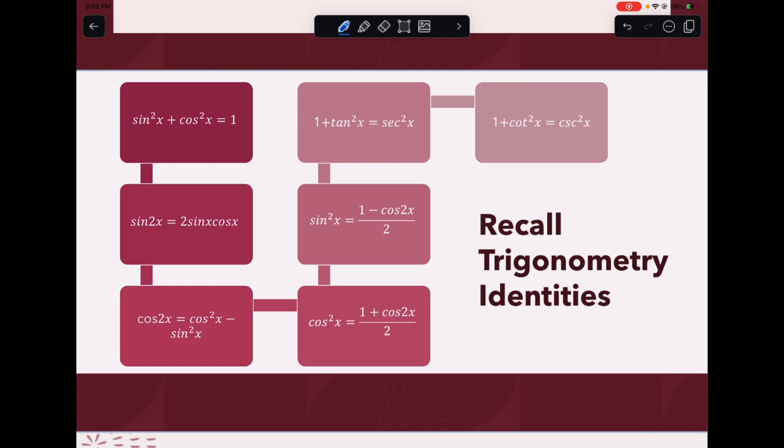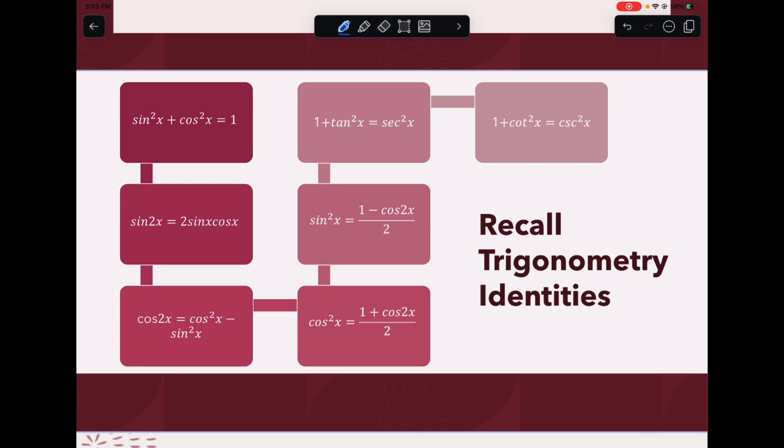And then we have as well the double angle. For sine, sine 2x is the same as 2 sine x cosine x. If it is cosine 2x, we could have cosine squared x minus sine squared x.